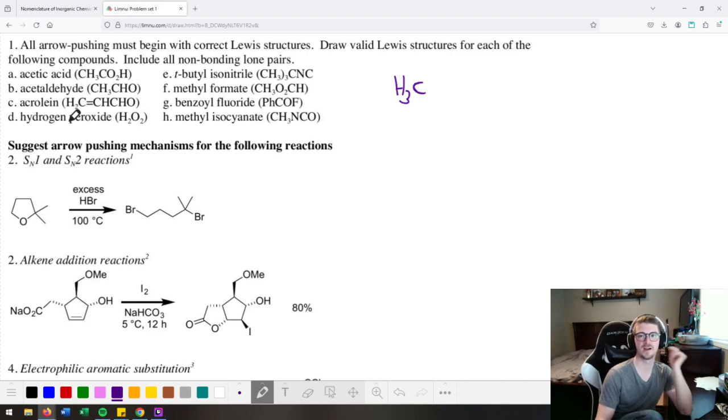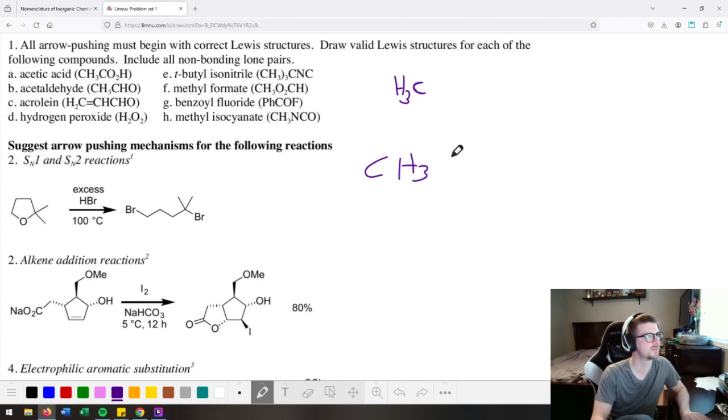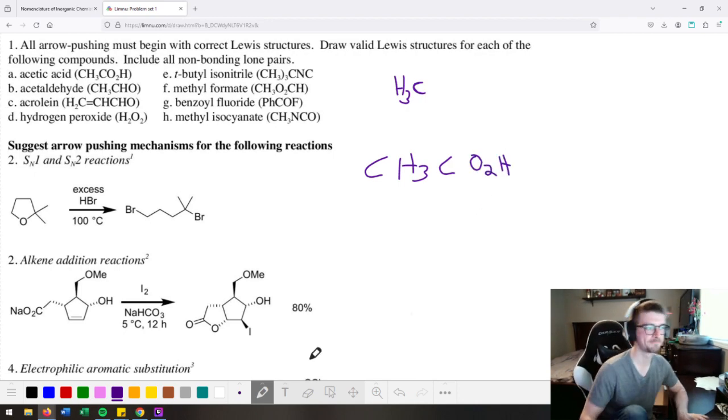The way they've got this written is, well, it's actually okay, and I'll tell you why. So when we're going along a condensed structural formula like this, I'll just draw this out a little bigger so I've got some room to talk about it.